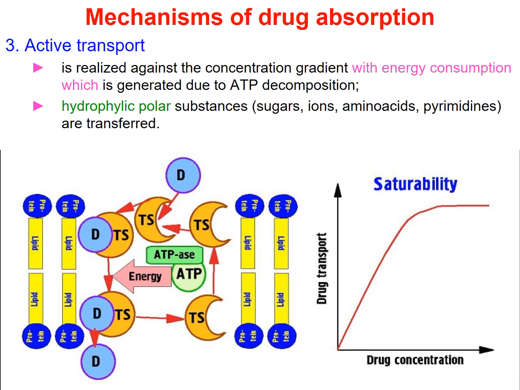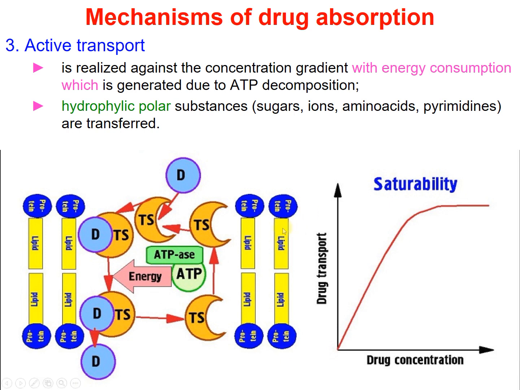And this process requires energy, which is generated due to the ATP molecules. Usually hydrophilic polar substances, such as different sugars, ions, amino acids, and related compounds, are transferred using active transport.